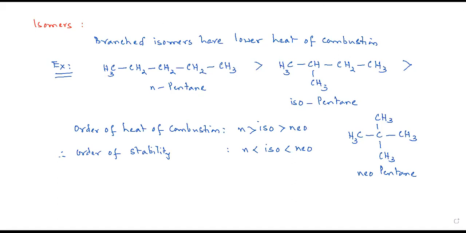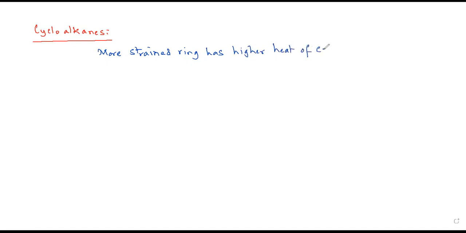Then let us consider some cycloalkanes. See, in case of cycloalkanes, the more strained ring, I mean the one with the lesser bond angle, has higher heat of combustion, higher heat of combustion per CH2 unit.